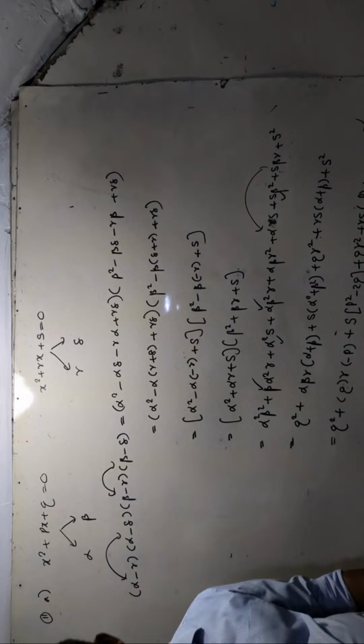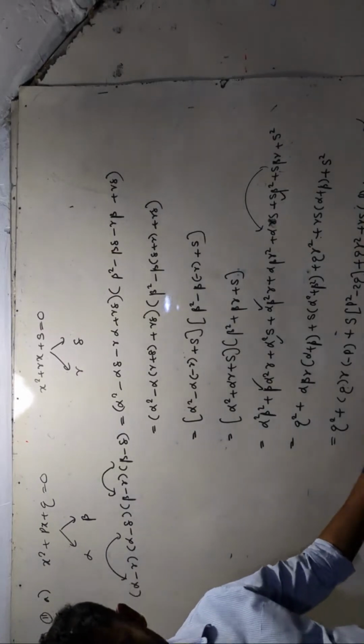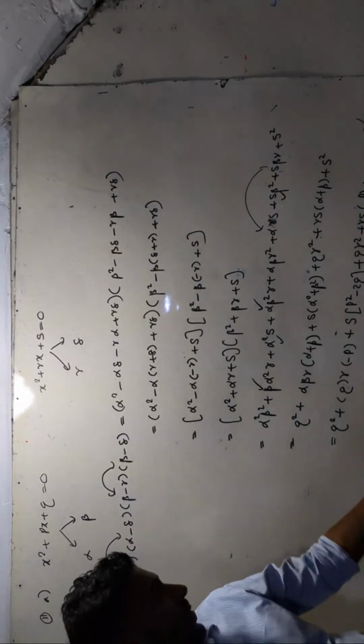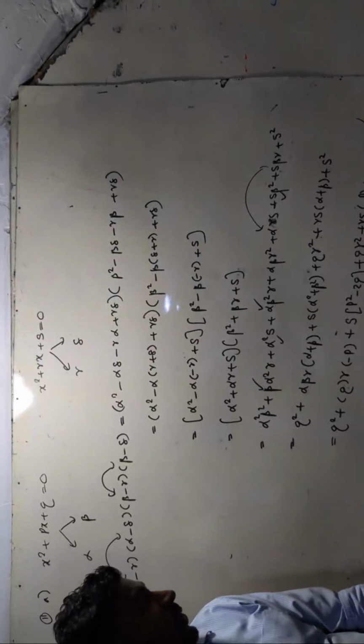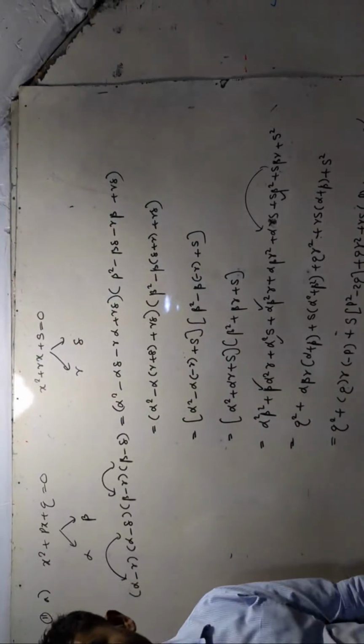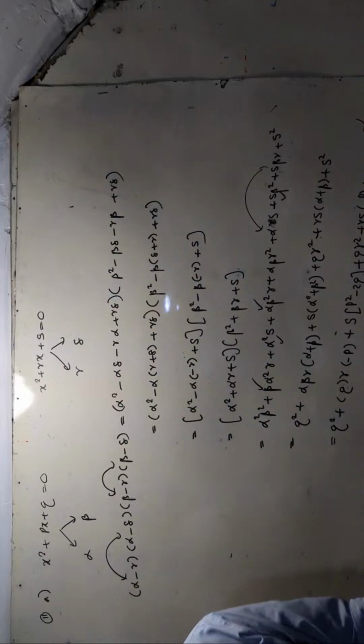So is that the answer? Q squared minus PQR, SP squared minus 2SQ, QR squared minus PSR plus S squared. We can't simplify it? And now we can.